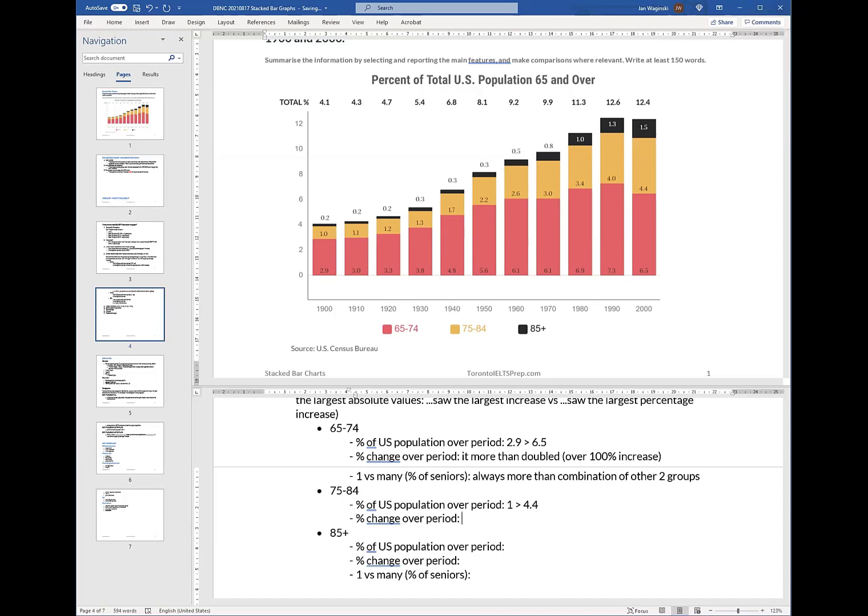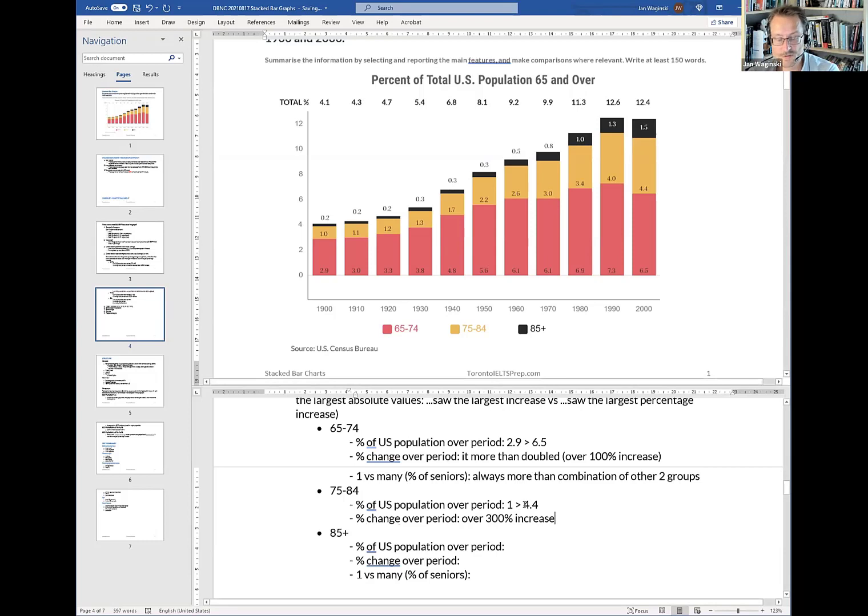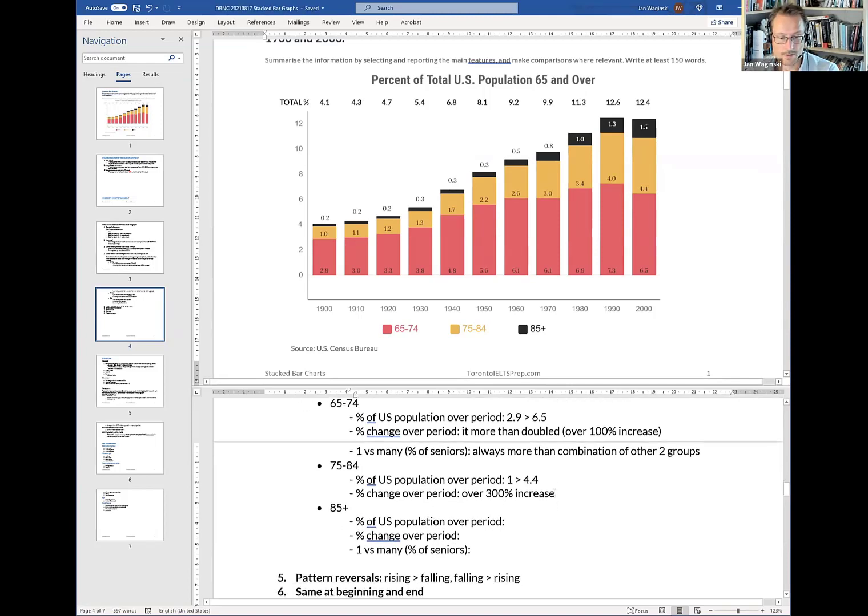Over 300%. 1 to 2 is 100%. 1 to 3, 200%. 1 to 4, 300%. And then finally, 85-year-olds.